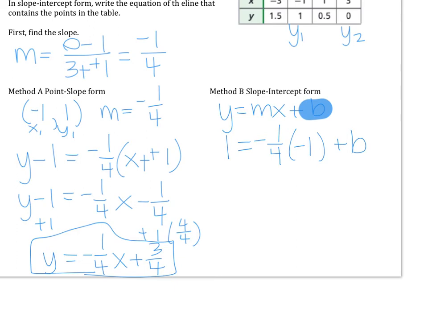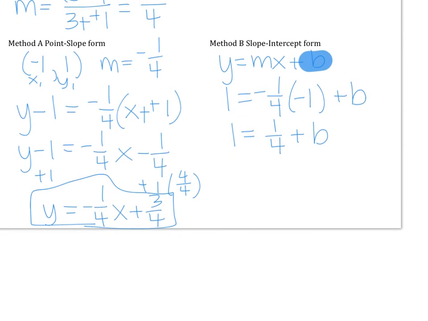And b is what I'm looking for. Isolate b by subtracting 1/4. Once again, I have the same thing, 1 minus 1/4, or 4/4 minus 1/4, is 3/4. And then you substitute back into your original equation, putting in the m and the b.